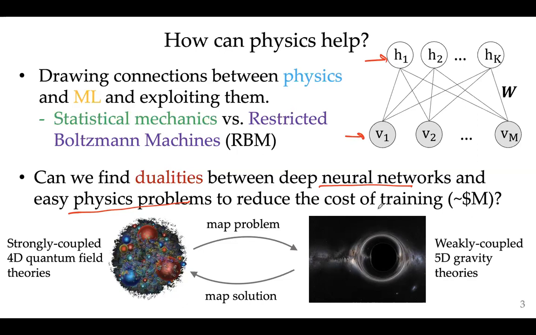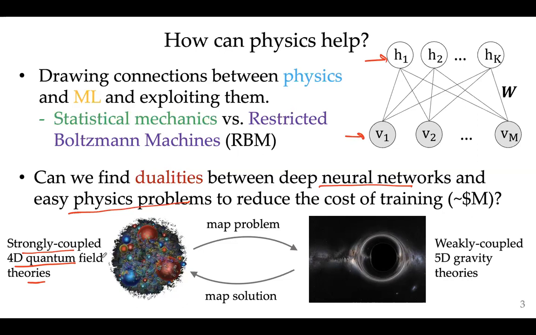So the idea of dualities is like this. Let's say you have a strongly coupled 4D quantum field theory. Quantum field theories model the subatomic particles and are used in particle physics. By 4D, I mean 3 space dimensions and 1 time dimension. Because these models are usually strongly coupled, it's really hard to solve them.